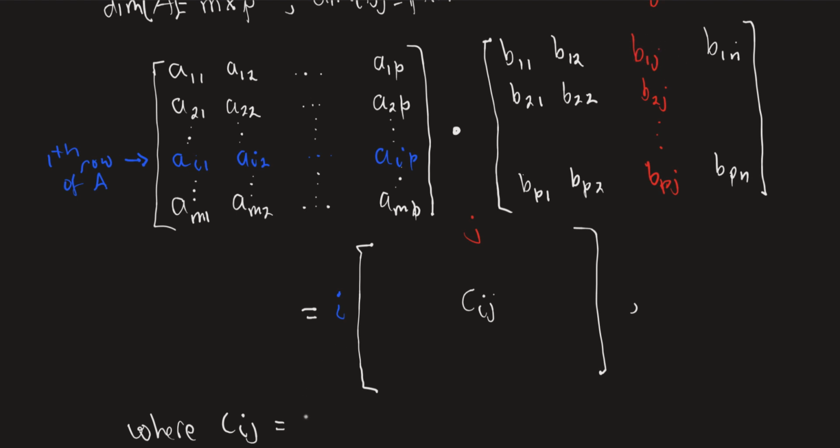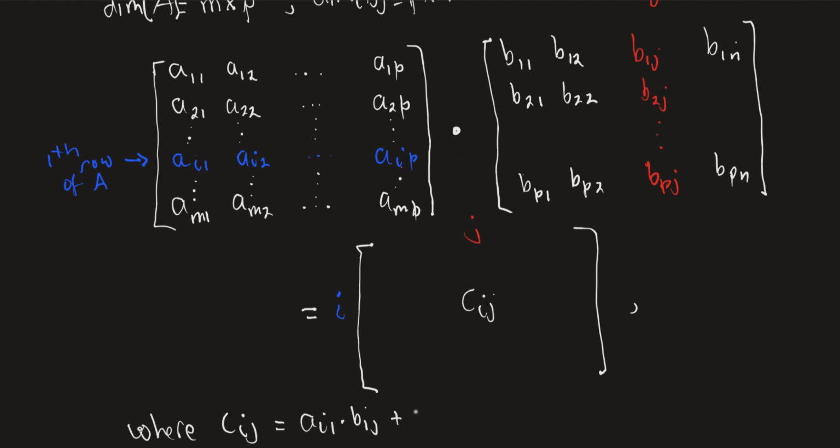So you're going to have AI1 times B1J, and then add to that the second entry in your row times the second entry in your column.